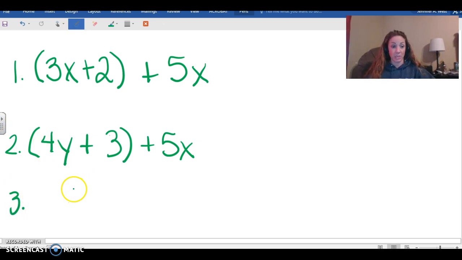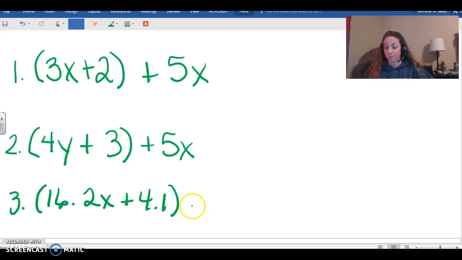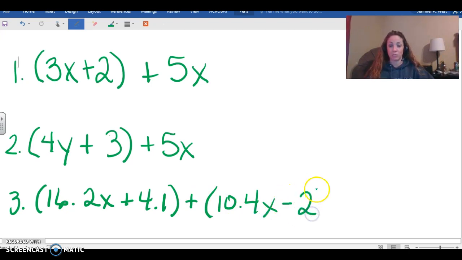Your third problem is, I'm going to get a little frisky here and get out some decimals. 16.2x plus 4.1 plus 10.4x minus 2. So, go on ahead and pause that and simplify these expressions.